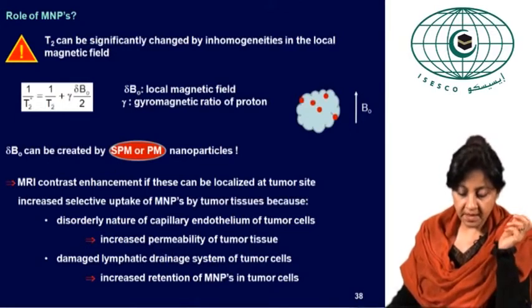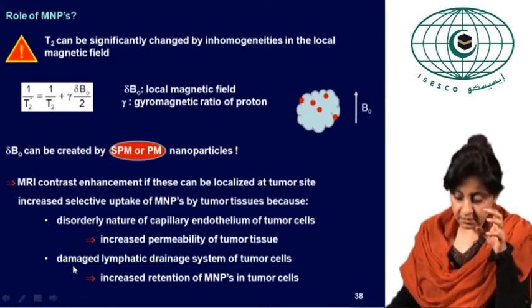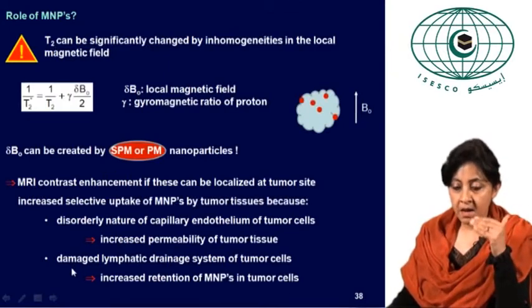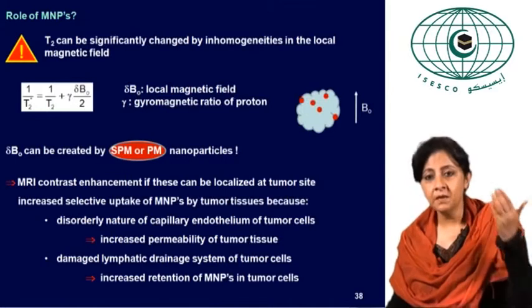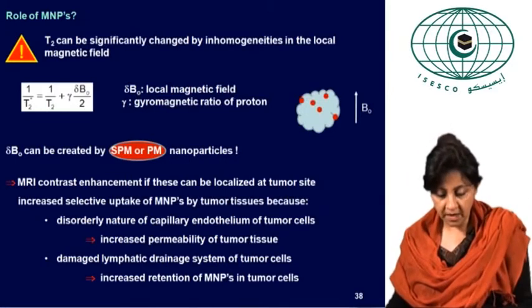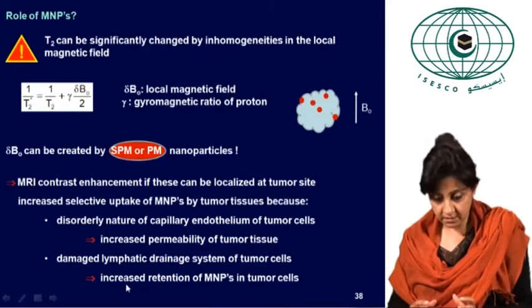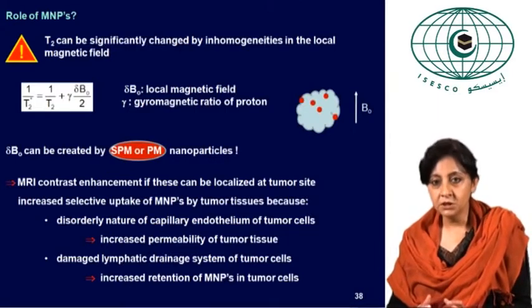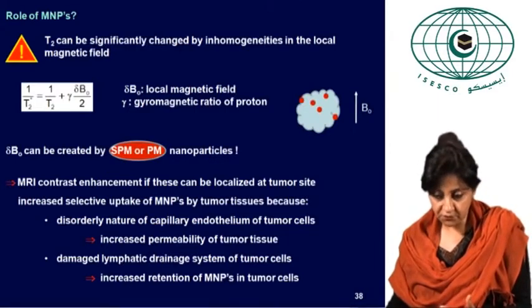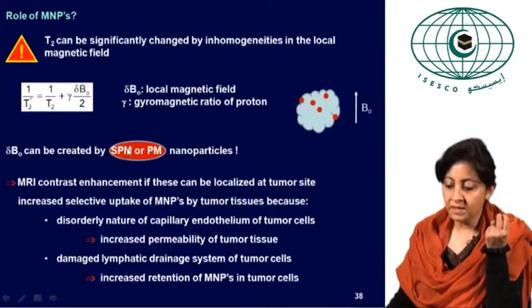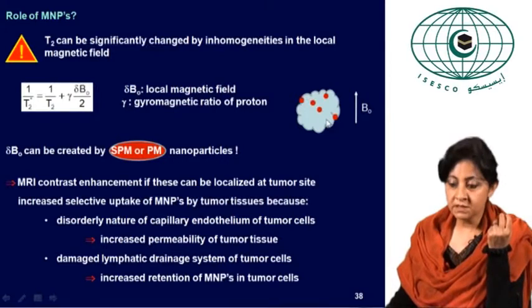The other factor is that tumor cells have a damaged or defective lymphatic drainage system, which is a system that basically flushes out or cleanses biological tissue. And because this is damaged, there is increased retention of magnetic nanoparticles in tumor cells. So because of these two factors, there is an increased selective uptake of magnetic nanoparticles in tumor cells.